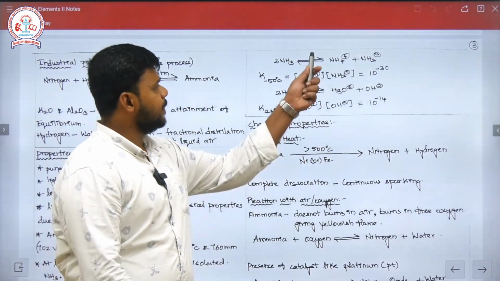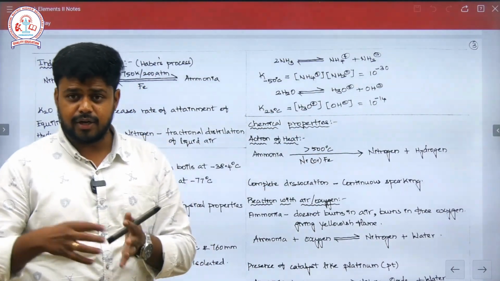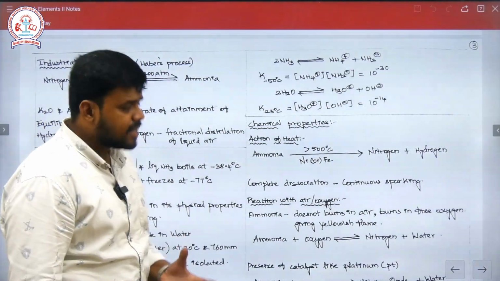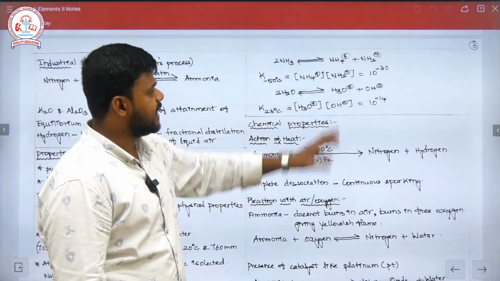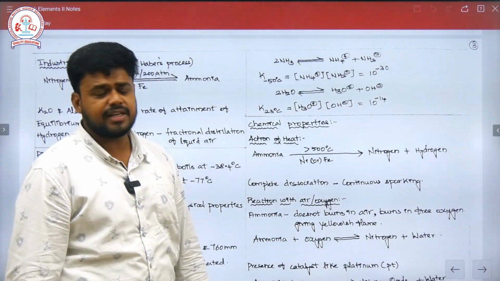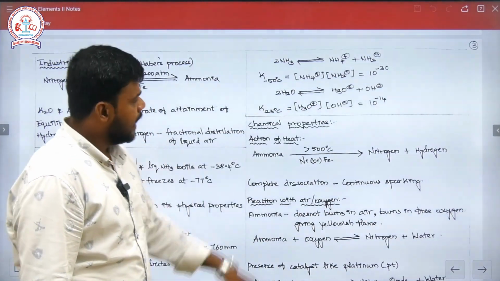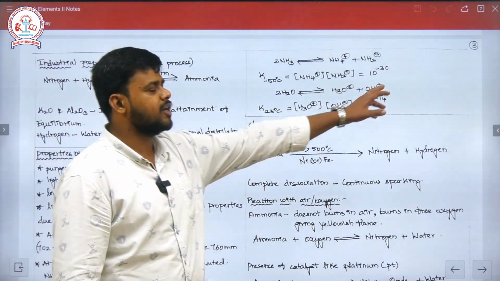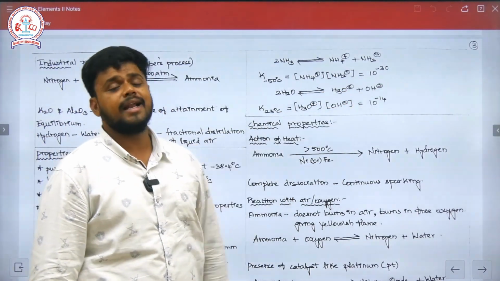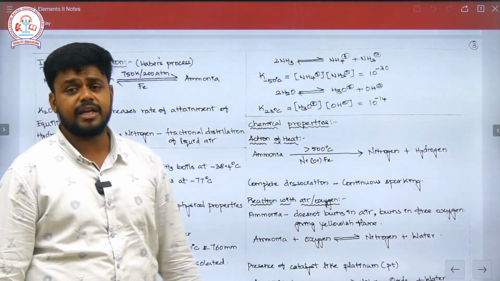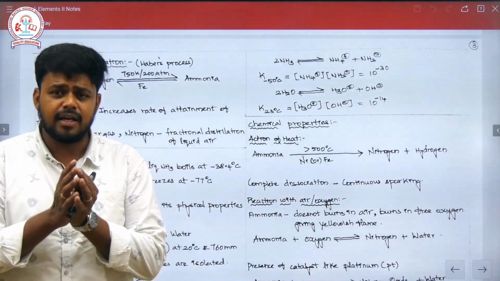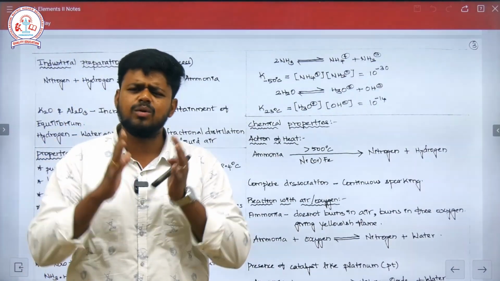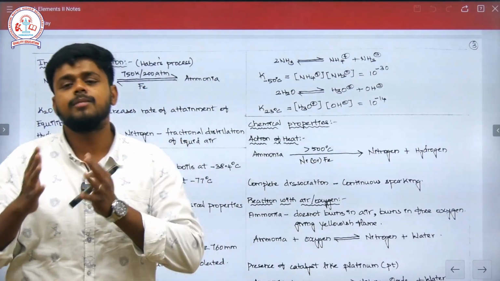If ammonia dissociates into NH4 plus and NH2 minus, the equilibrium constant at minus 50 degrees Celsius is 10 power minus 30. And the equilibrium constant for the decomposition of water into H3O plus and OH minus is 10 power minus 14 at 23 degrees Celsius, which states that it is not an excellent ionizing solvent as we have seen in water. It is a good ionizing solvent, almost similar to water.